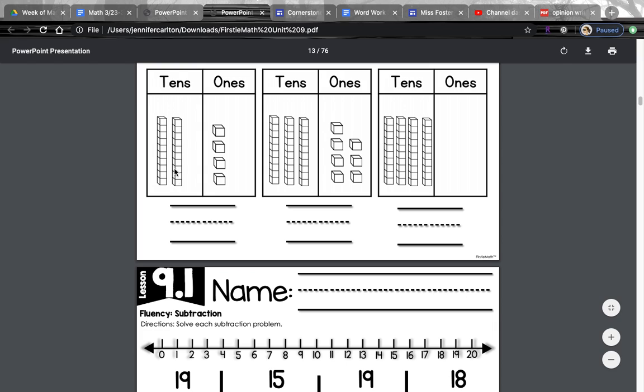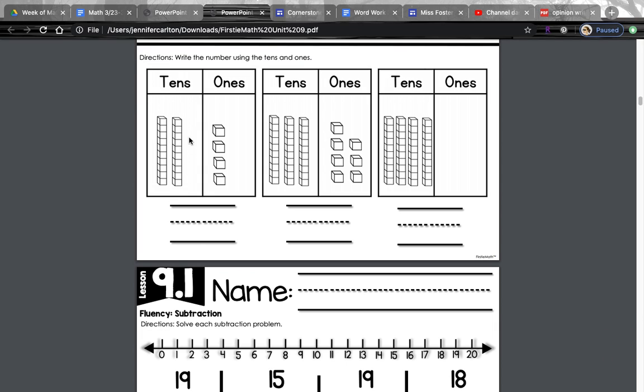Do I see 20 tens? How many blocks are just in one of these? If you said 10, you are right. So if I have 10 and 10, that gives me 2 tens. So we're going to write 2 down here. 2. Just 2.